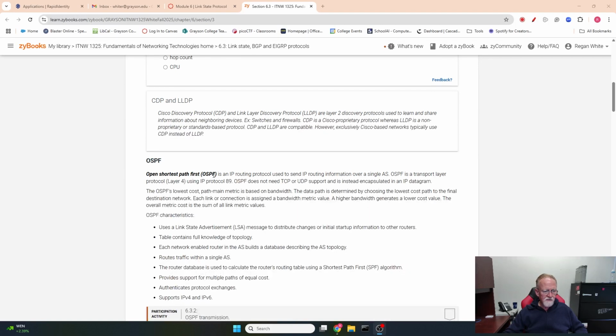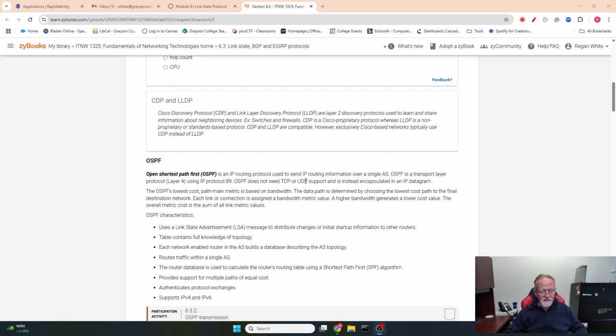Open Shortest Path First. This is another routing protocol, also used to send IP routing information over a single network. OSPF is a transport layer, or layer 4, protocol. It uses IP protocol 89.